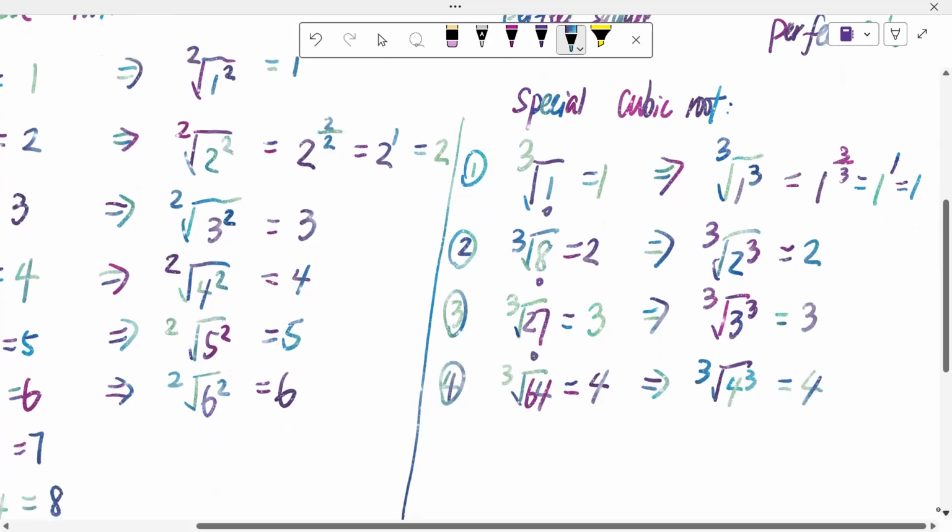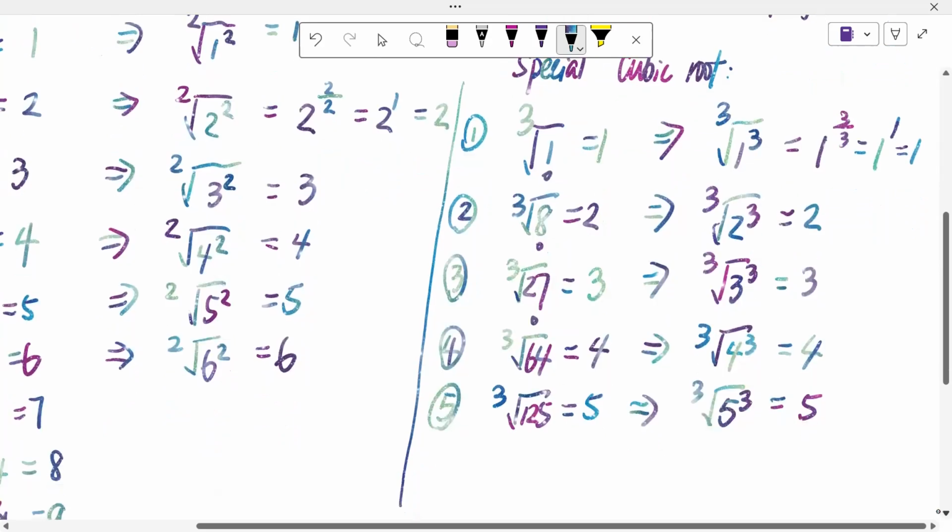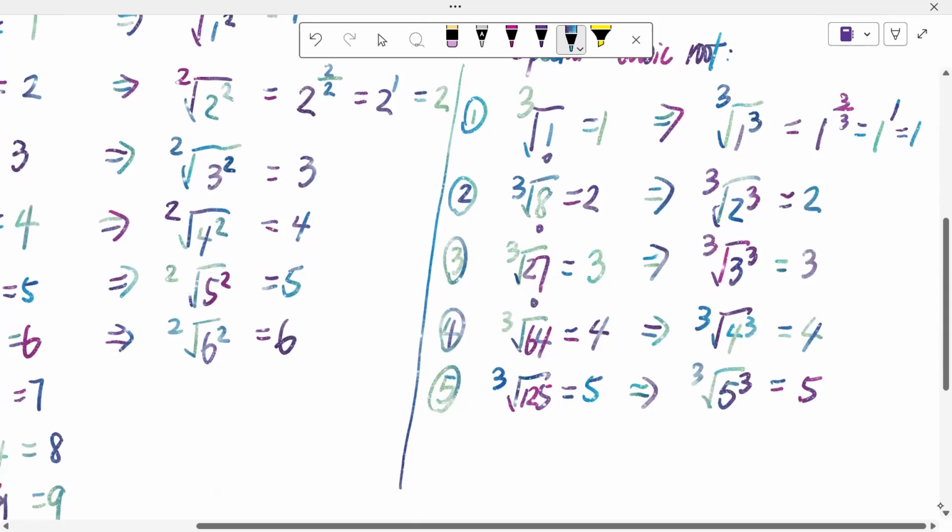And what about the cubic root of 125? That's going to be 5. And these are all the commonly used ones that we use a lot. That's why I want to show you before we get started. So let's go to 5 and 6. 36 times 6 is 216, right?